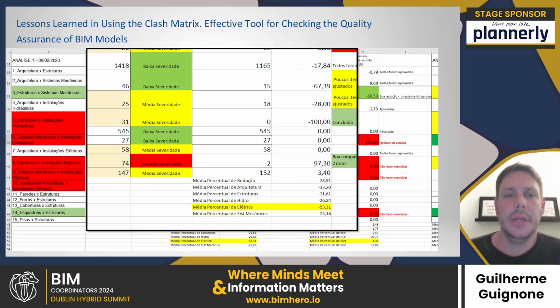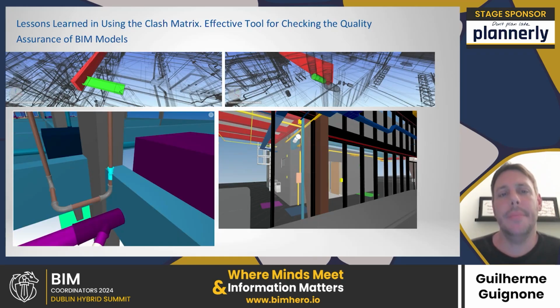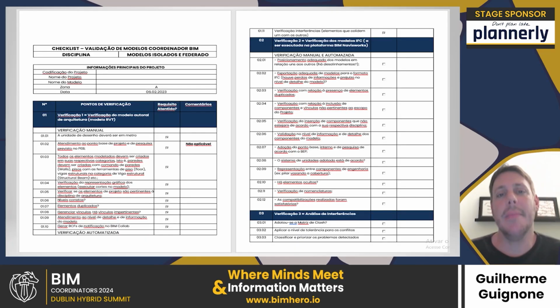The BIM coordinator must have a personalized and standardized checklist regarding the inconsistencies to be investigated. He will adopt the clash matrix that he designed in the BIM execution plan, will carry out the interference checks using a technological model checking tool, and issue interference reports.